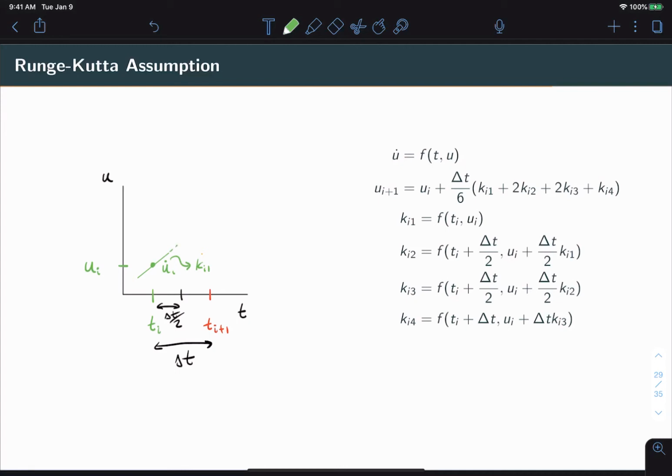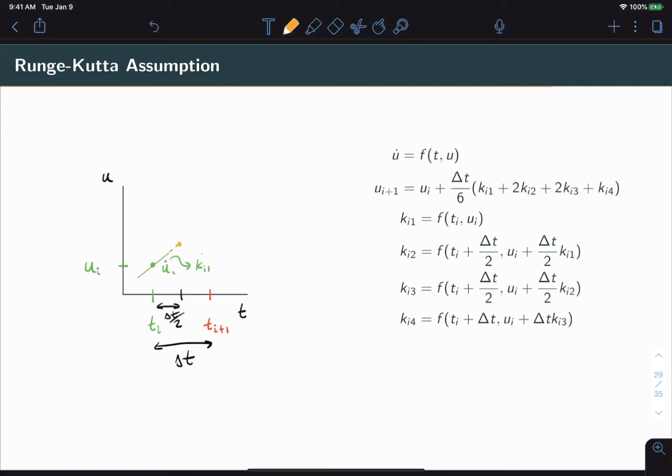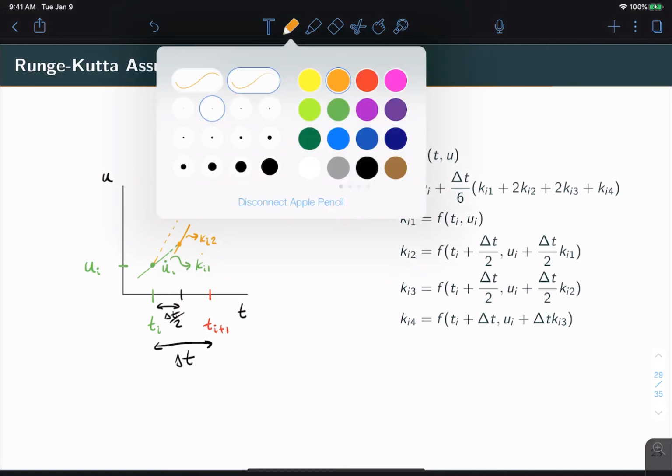This velocity is projected to halfway into the interval, where the method calculates a new velocity, which we'll call ki2. Then using ki2, it projects again into halfway of the interval.